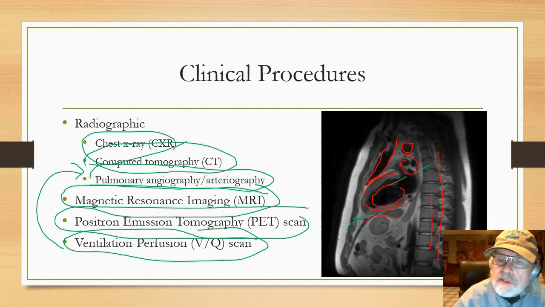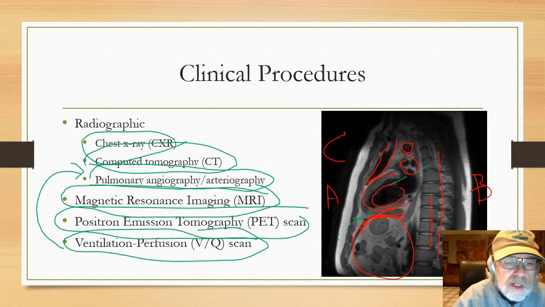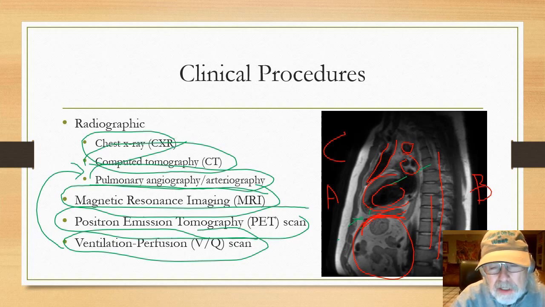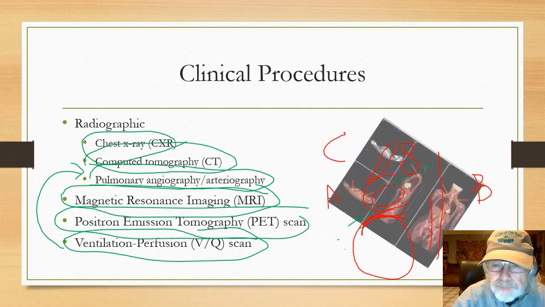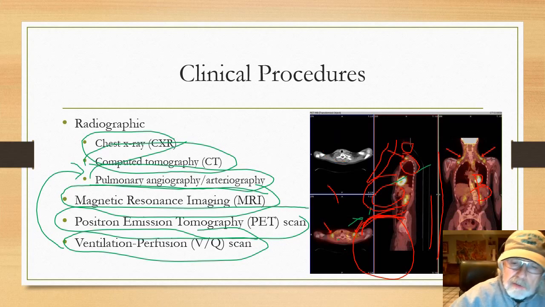And this is the diaphragm right here. This is the abdominal organ sitting down in there. This is the back right here. This is the abdomen. It's the chest right here. So that's just a typical MRI. And it's sort of limited as to what you could actually use an MRI for.